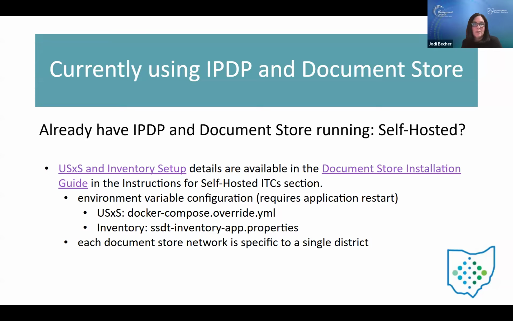You'll be updating the Docker Compose override files for USAP and payroll, and then that inventory, the SSDT inventory app properties file for inventory. And just a reminder, each document store network is specific to a single district, so you don't want to have multiple districts on that same network.